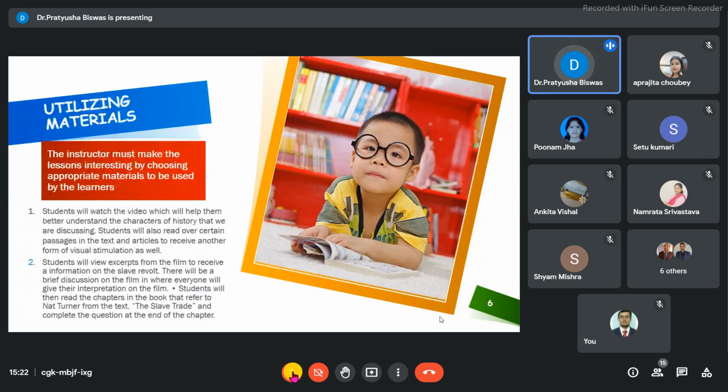Now, again, utilizing materials, the instructor must make the lessons interesting by choosing appropriate materials to be used by the learners. Here I would like to quote yesterday's Bloom's Digital Taxonomy, in which I consciously tried to read out the different websites which can be used in every sphere, starting from create knowledge.